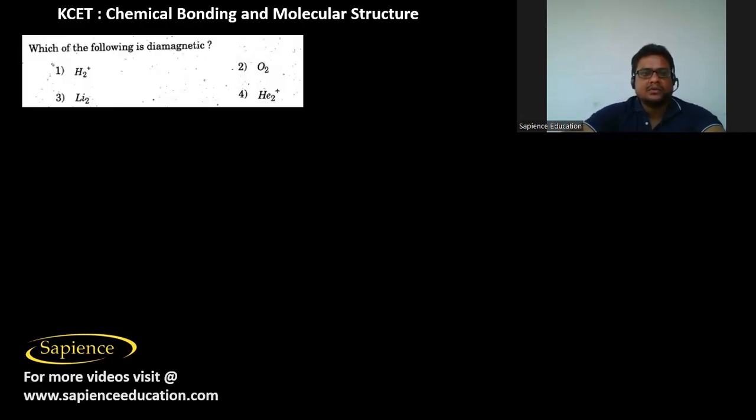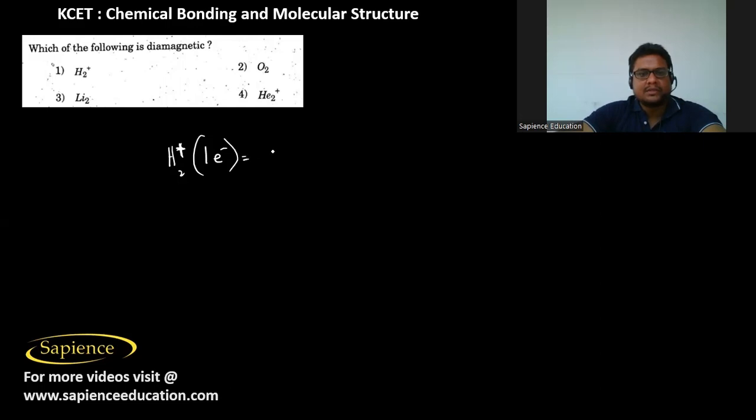Then here it is told, which of the following is diamagnetic. One is H2 plus. H2 plus has got one electron.